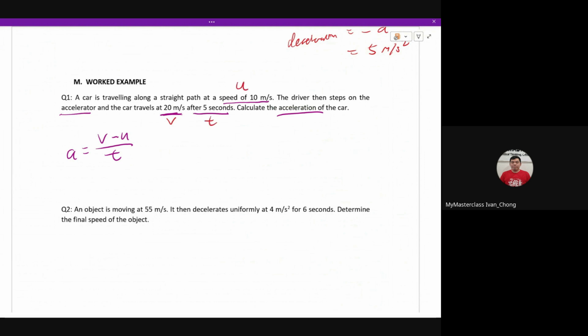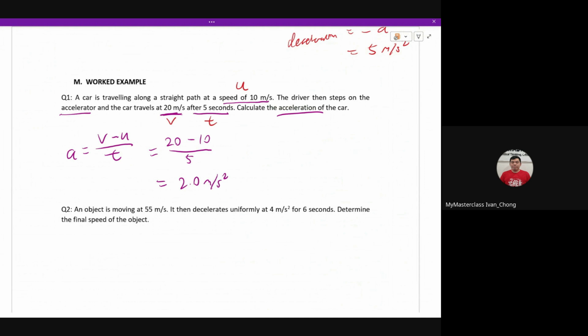And what time do I take? I took 5 seconds. So in this case, I will take 20 minus 10 divided by 5. Okay, so 10 divided by 5, you end up with 2 meters per second squared. All right, which means what this 2.0 meters per second squared means is every second, my speed will increase by 2 meters per second. So every second, 2 plus 2 plus 2 plus 2 plus 2.